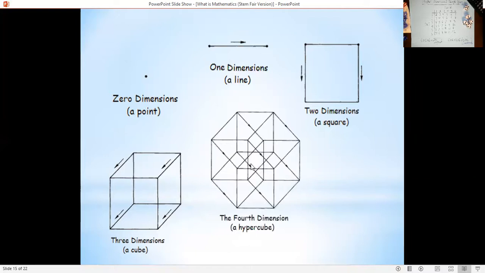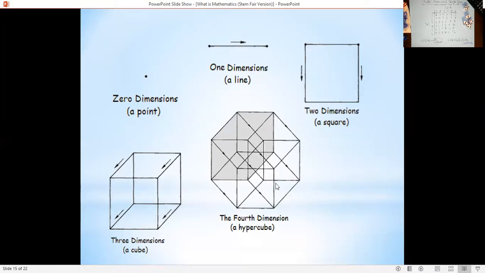Well, this is actually a 4-dimensional hypercube, and it gets really confusing here. But look at this. See this 3-dimensional space? You can kind of see it right there. It's shaded. It's that cube. And I'm going to move the cube into a 4th dimension.